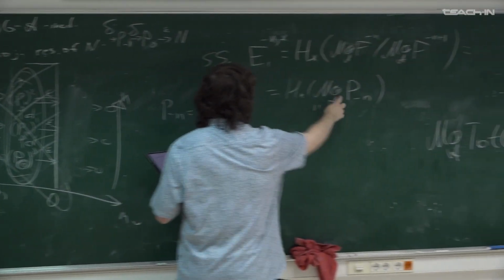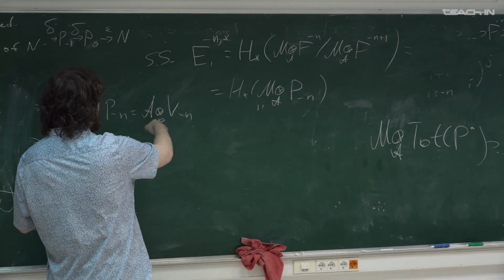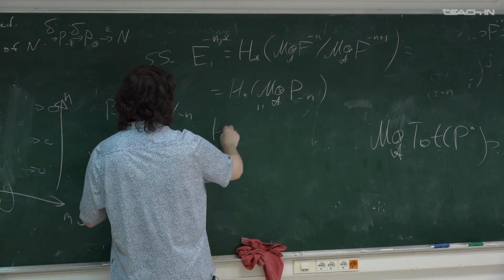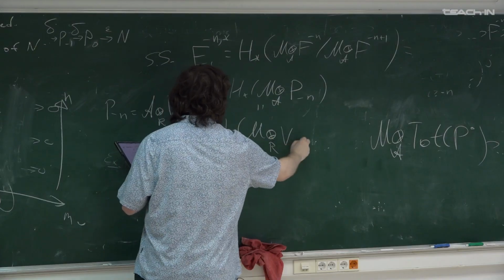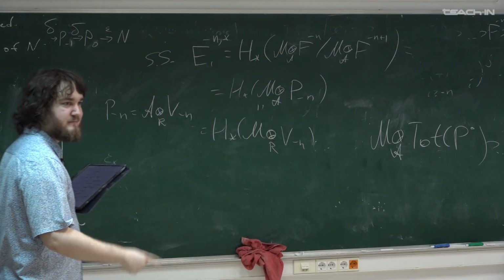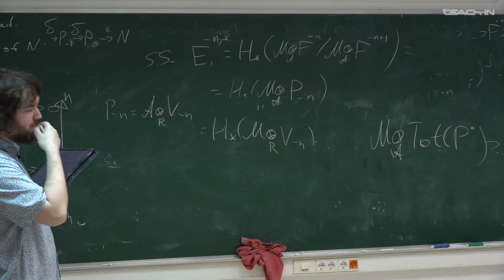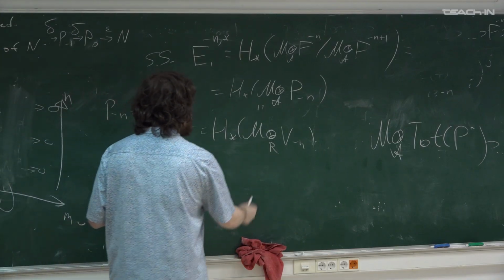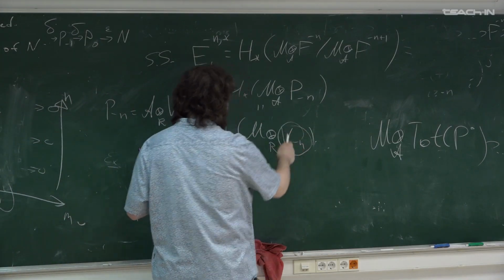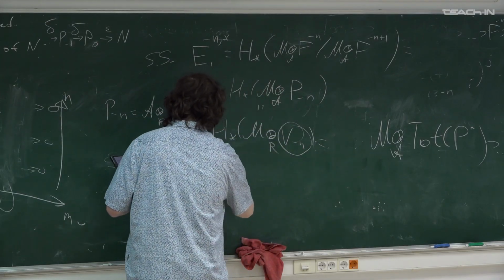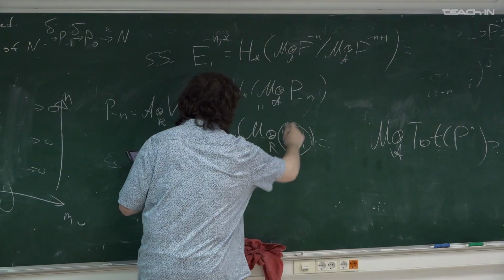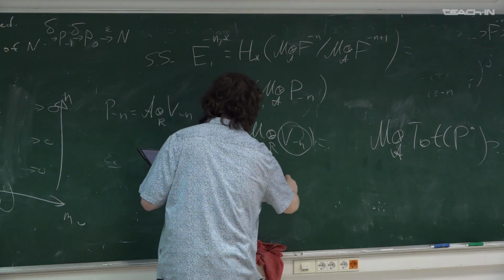If I tensor over A, this is the same thing as M over R V minus n, so A is eliminated. This is a cochain complex over R, it is splitting, and as I said before, the homology is the tensor product of homologies, because it's a splitting cochain complex.